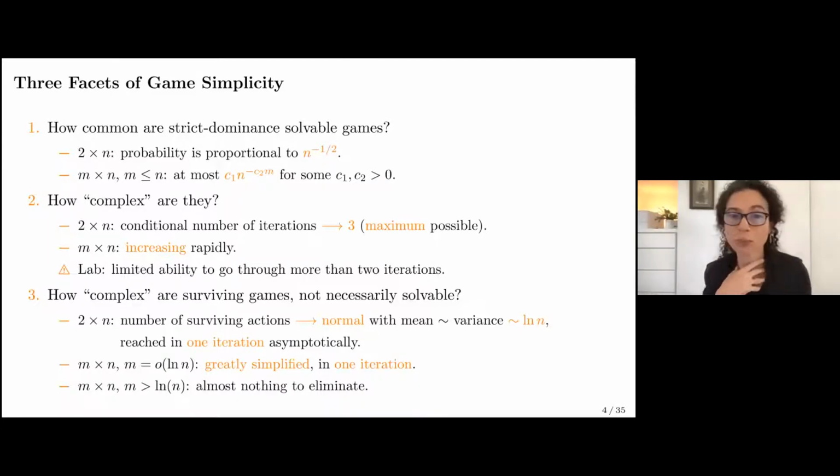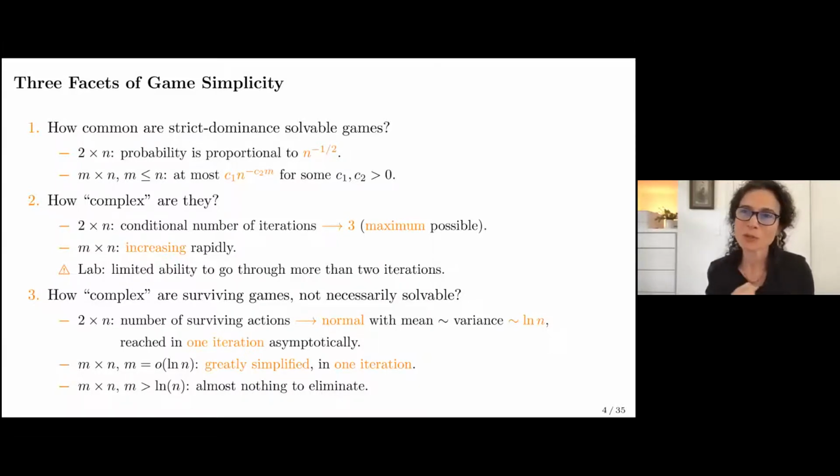In particular, for 2x(n) games, it's going to be distributed normally with a mean and variance that behave like log n, which means that the fraction is vanishing. It behaves like log n over n. And in fact, it's very simple to get there. You reach that in only 1 iteration asymptotically.